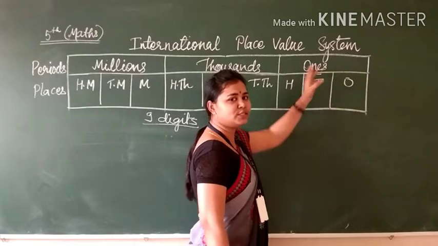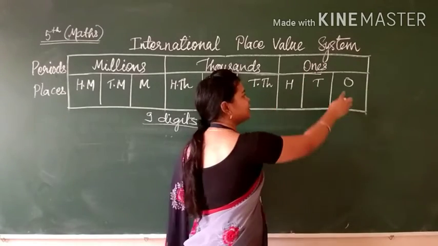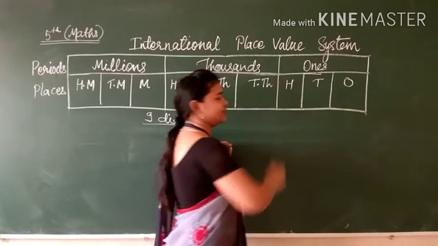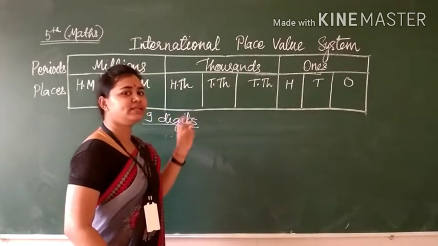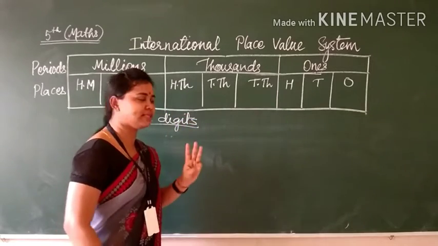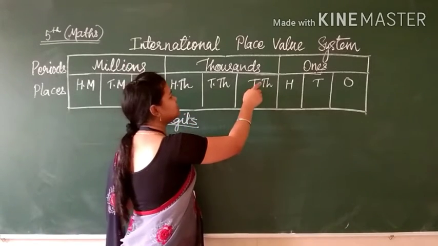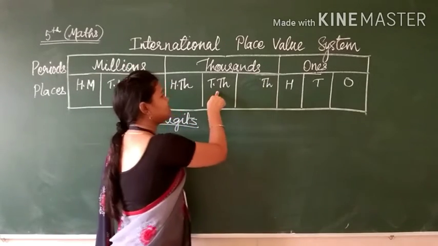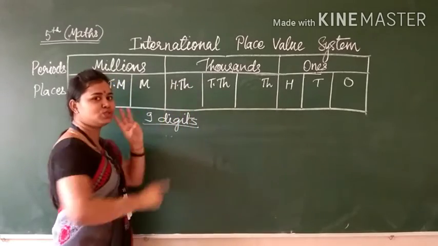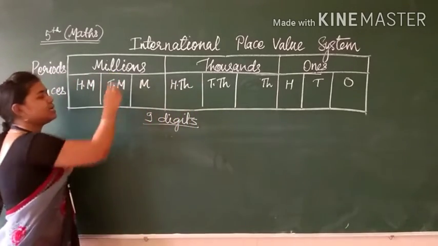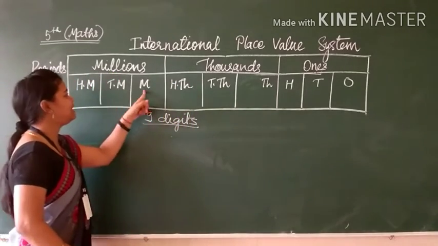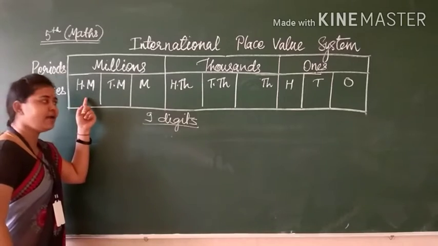In the ones period 3 places are there: ones, tens and hundreds. In the thousands period again 3 places are there: 1,000, 10,000 and 100,000. Then in millions 3 places are there: million, 10 million and 100 million.